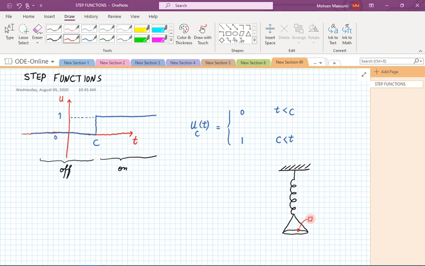So the addition or removal of the weights while this thing is oscillating is going to cause a rather complicated behavior for the system. So the addition and subtraction of these weights will be a switch for this mechanical system.